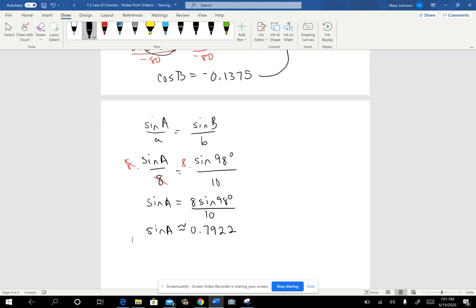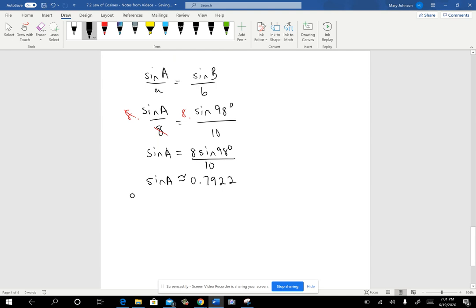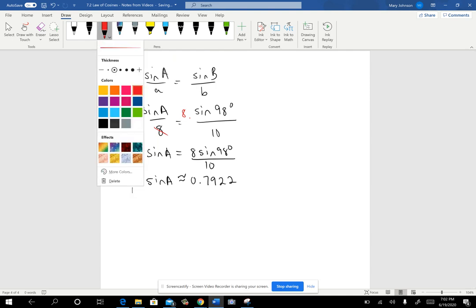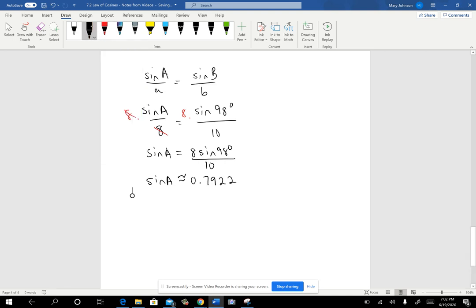This is the sine of A, not A itself. Okay, so now we're just going to do the inverse sine of both sides. So A is going to equal sine inverse of 0.7922. Okay, and this is sometimes more complicated than it looks, because when you do that on your calculator, you're not always getting the measure of angle A itself.